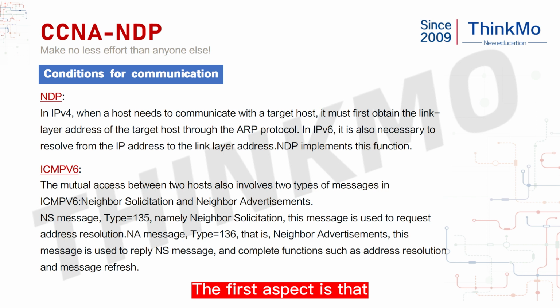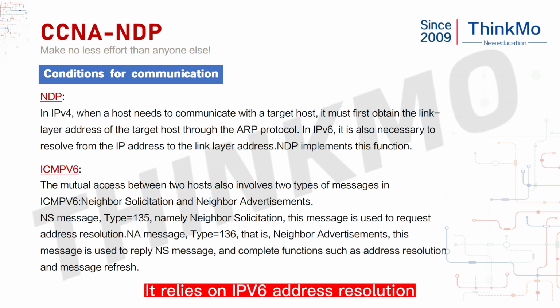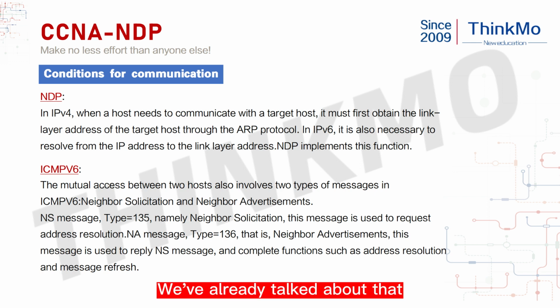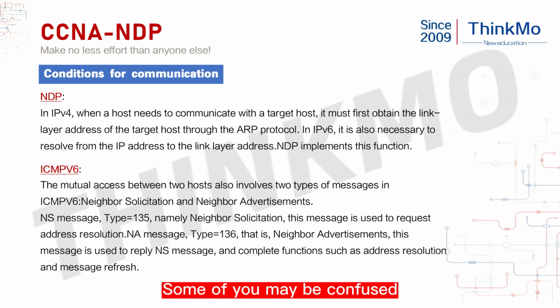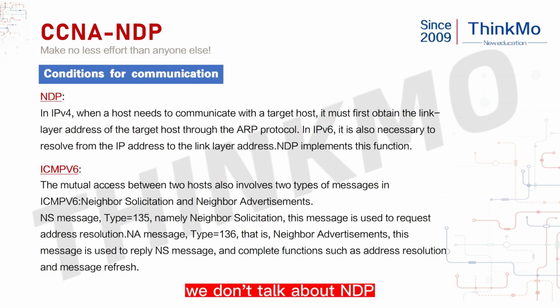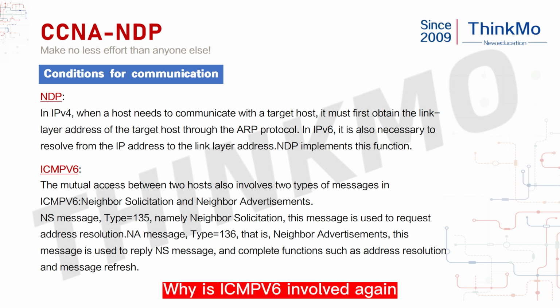The first aspect is that it relies on IPv6 address resolution. We've already talked about that. It then involves two types of packets in IPv6. Some of you may be confused. We don't talk about NDP. Why is IPv6 involved again?